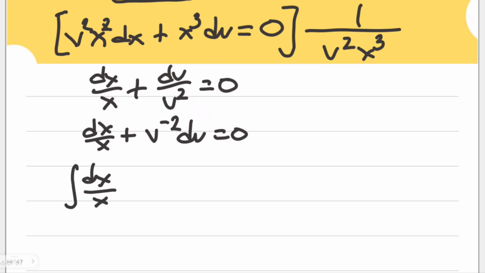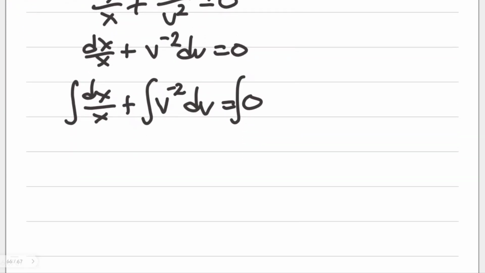We did not change the first term to x to the power of negative 1 because we have a formula for that. The second one we change so that we can use here the concept of the power rule. Of course, this is the derivative of 0 as well. So we'll have here the integral of dx over x, which is the natural logarithm of x. And here plus, you are expecting to have v to the power of negative 1 over negative 1 plus c.